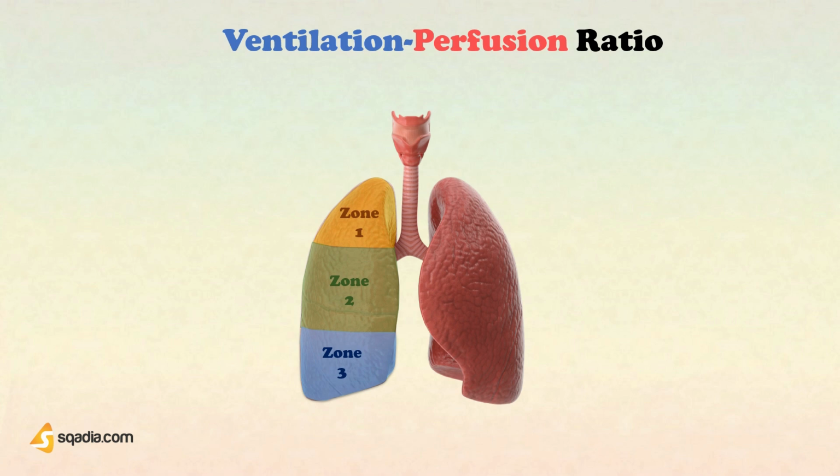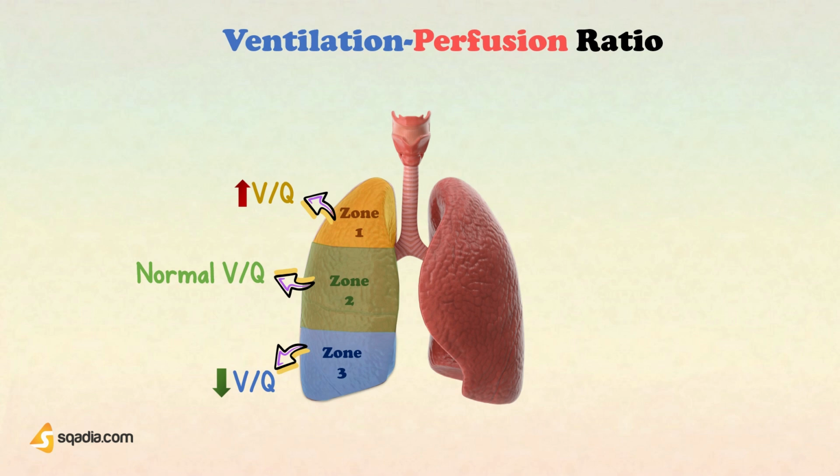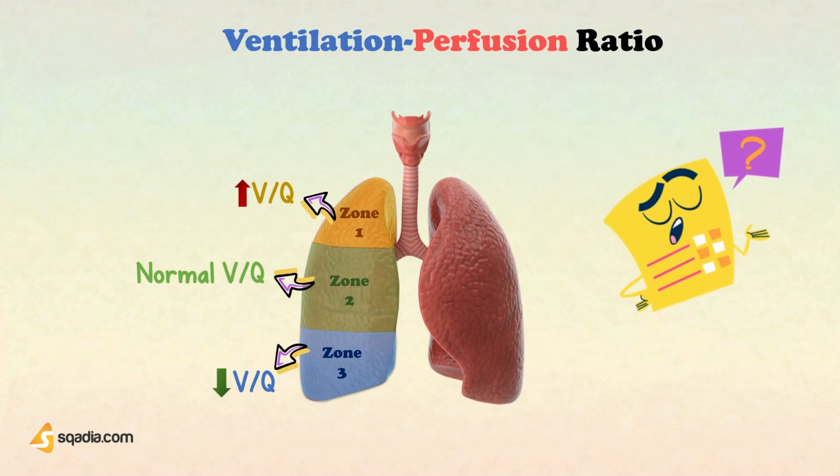Now, the ventilation-perfusion ratio is highest at zone 1, normal in zone 2, and lowest in zone 3. But how, is the question. Why the ventilation-perfusion ratio varies in these 3 zones is an important concept here. So, without making a delay, let's jump to the next section to learn about them in detail.